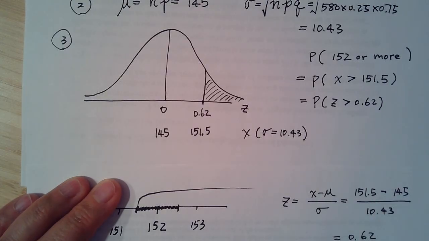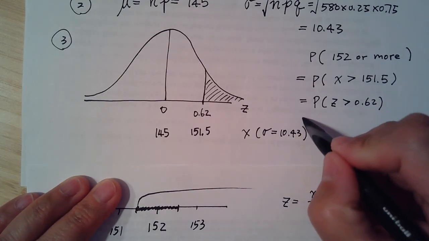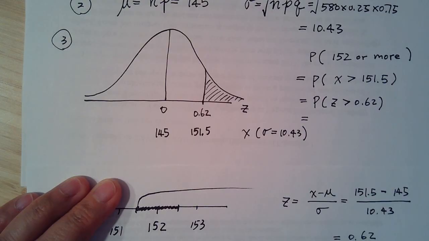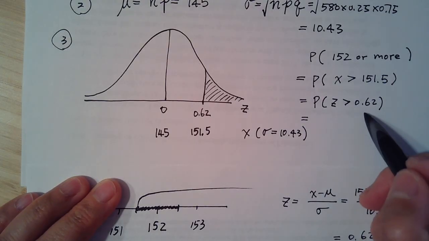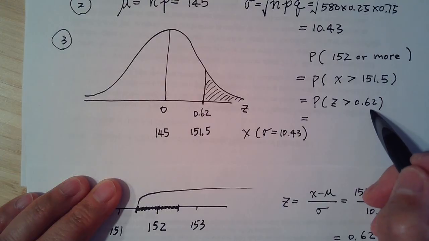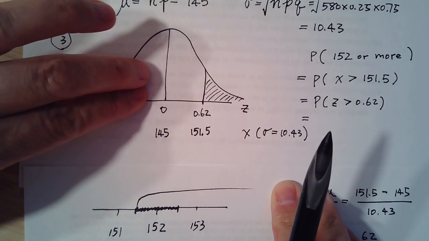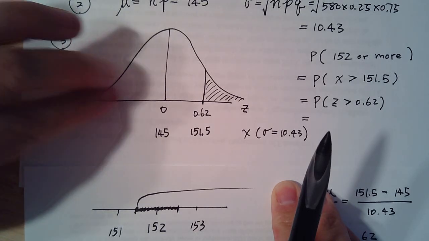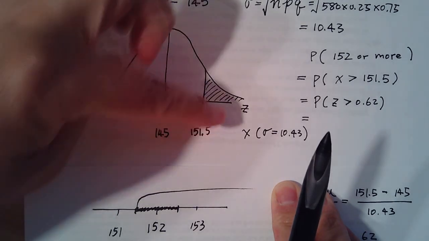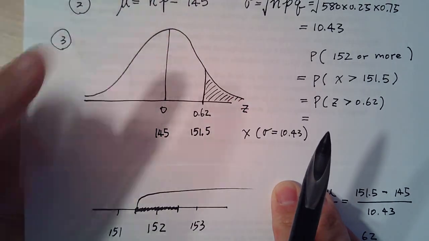When you get to this point, then you can use the z table. Again, there are 2 ways to do it. One is you look at 0.62 in the positive z table, so you can get the area all the way to the left of this line, and then subtract this area from 1 because the area under the curve is 1.